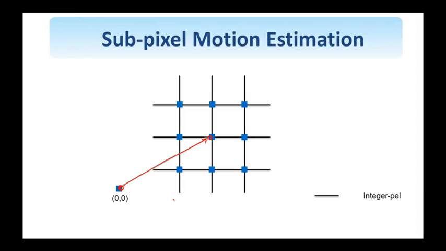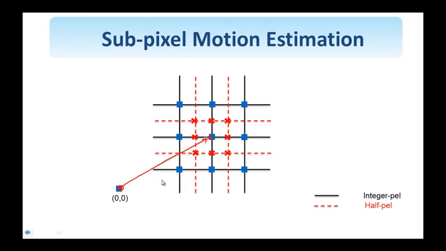So a way to obtain half-PEL accurate motion vectors is shown here. After the best vector at full resolution is found, as shown again here by this example, we consider the 8 neighbors of this pixel here at half-PEL resolution. So these x's here are locations for which the intensity value of the image is not known.